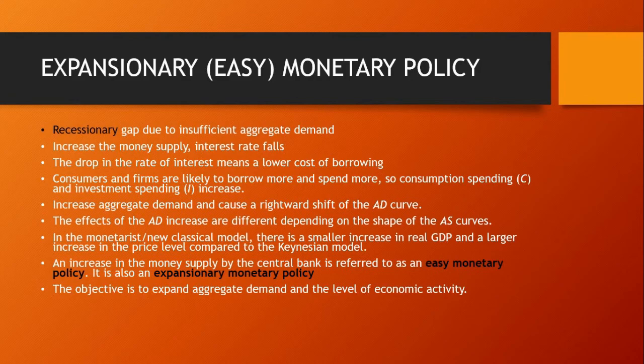When the central bank recognizes this problem, it will try to increase the money supply and therefore reduce the interest rate. When the interest rate is reduced, the cost of borrowing is reduced, and it promotes consumers and firms to increase their spending and investment, and therefore it will increase the aggregate demand, and the aggregate demand will shift to the right.